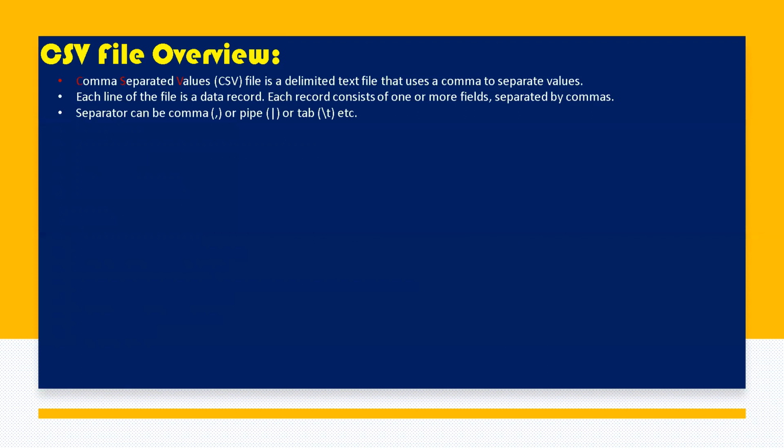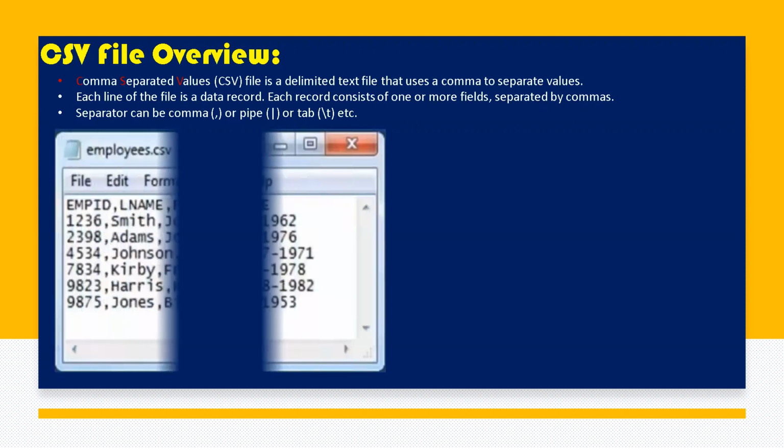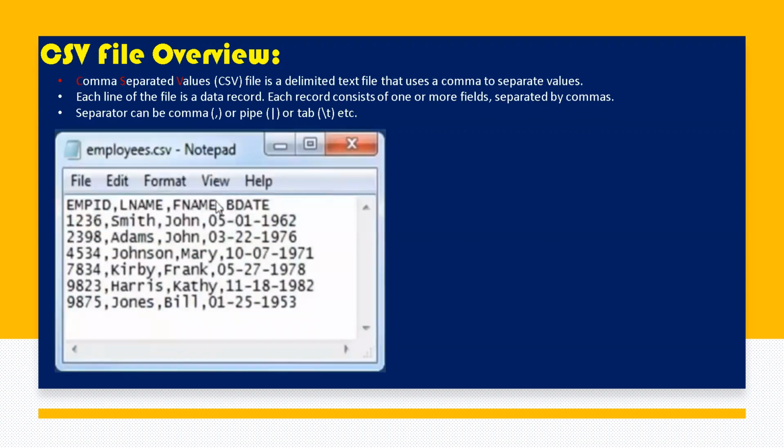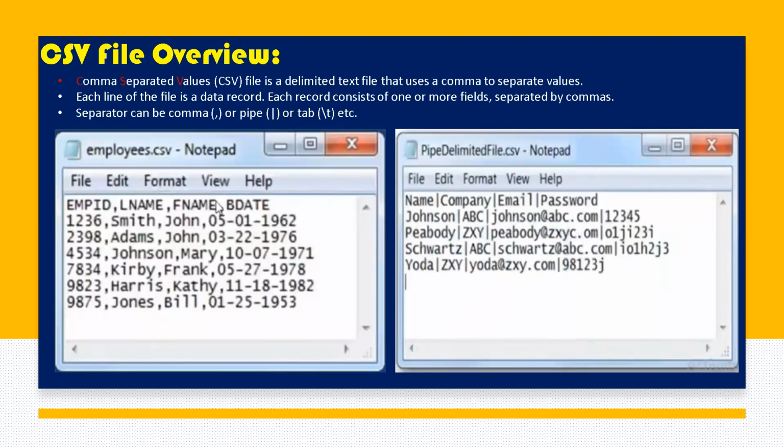In this file, each line is representing a record. Each record consists of one or more fields separated by commas. That's all. This is a sample structure image of the CSV file. See here, this is the sample for CSV.